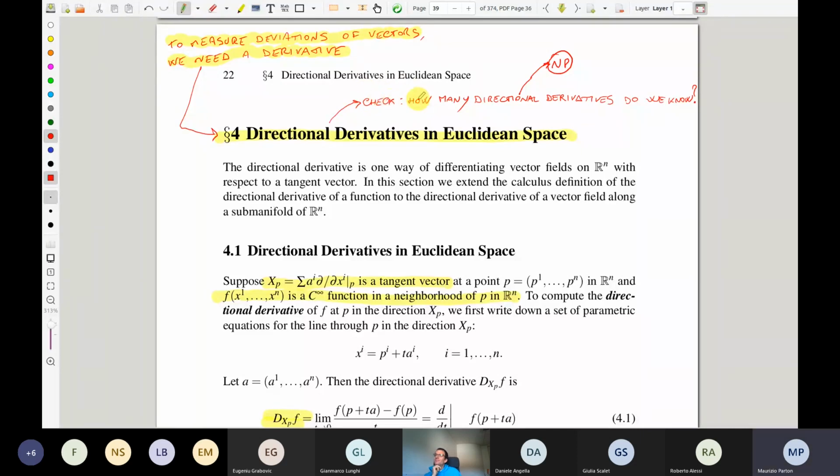How many directional derivatives do we know from previous lectures? Actually, I'm cheating, because the directional derivative I'm talking about was in the last part of my last lecture that we have never done. But I remember that Alberto did it in the beginning of his lecture. So what is this directional derivative that we know in the Euclidean space and that is shown in the next page?